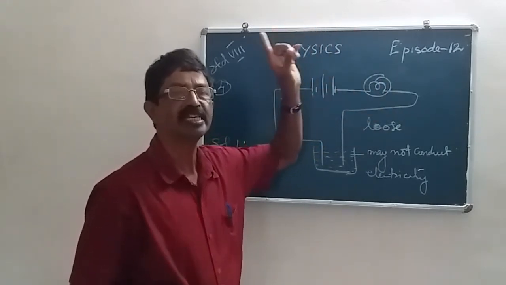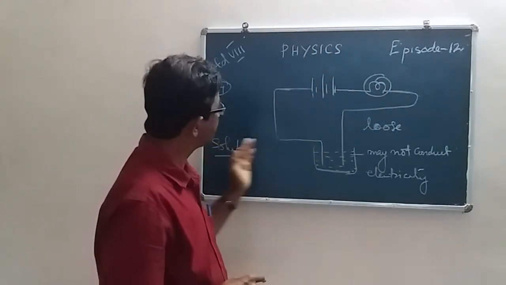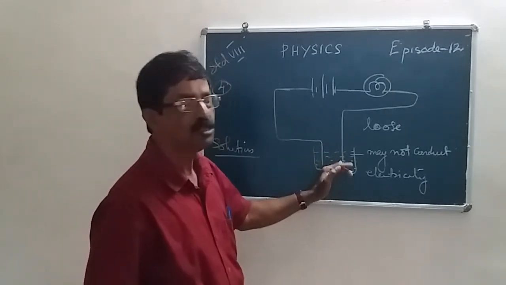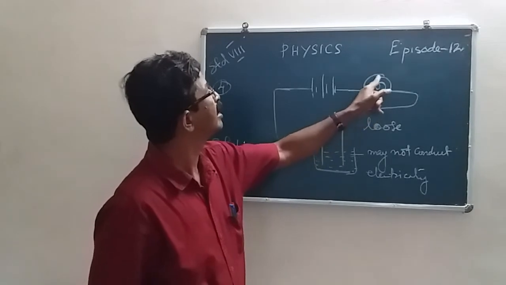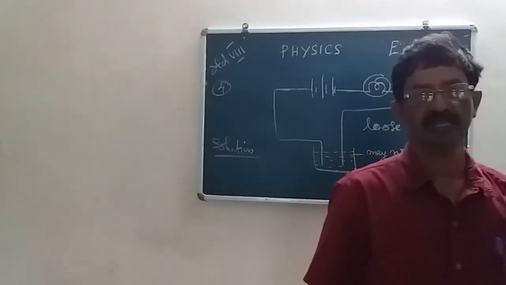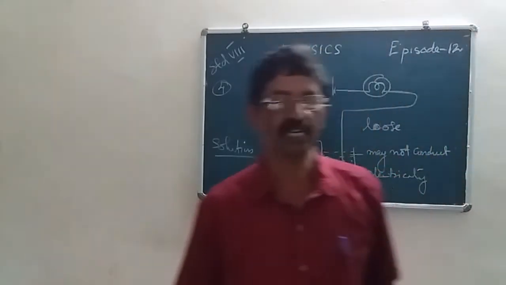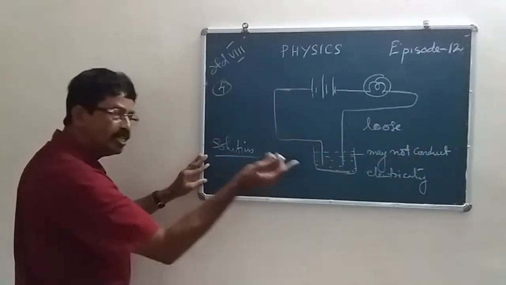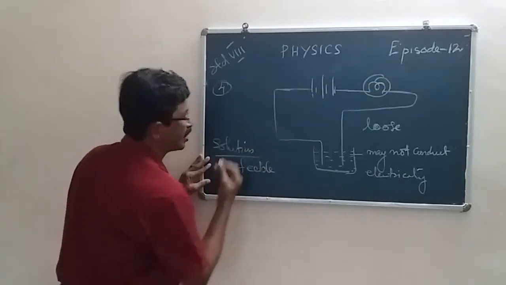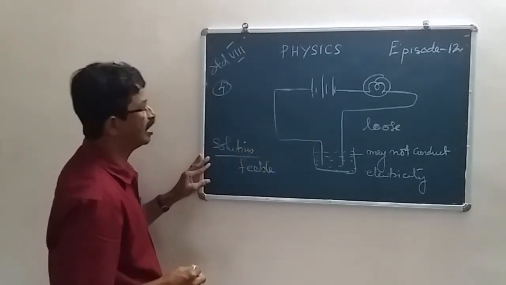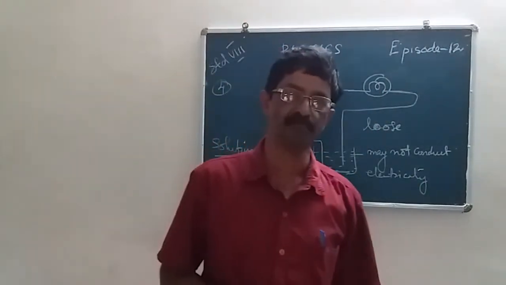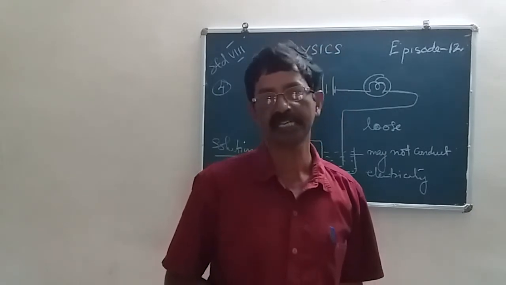That means it conducts a very small amount of current, and that current is not sufficient to heat up the filament. So this solution is conducting, but due to feeble current, the filament may not get sufficiently heated up. That also can be a reason.